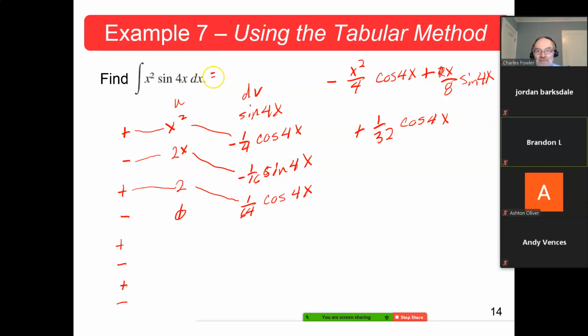This thing right here would be minus x squared over 4 cosine 4x plus x over 8 sine 4x plus 1/32 cosine 4x, plus c. You have to have your plus c in there. And that's what you got without having to fiddle with integration by parts. Let your table do the work for you.